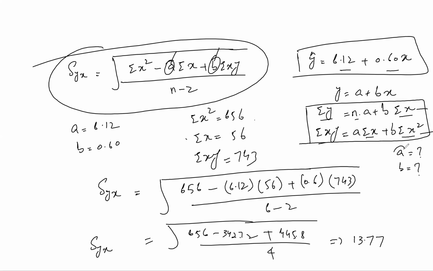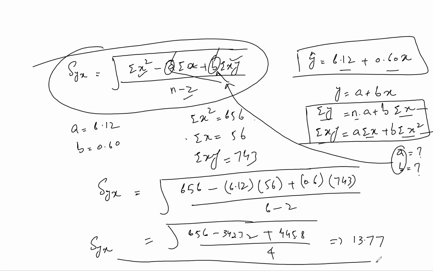We substitute these a and b into this formula, and we substitute the rest of the things, and then we calculate SYX, the standard error of estimate, and it tells us how much variation there is among the values around the line. So that is it.